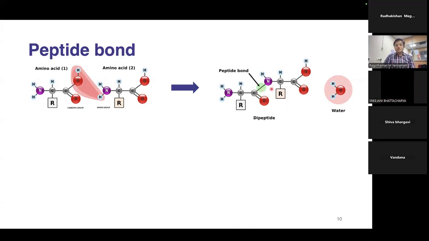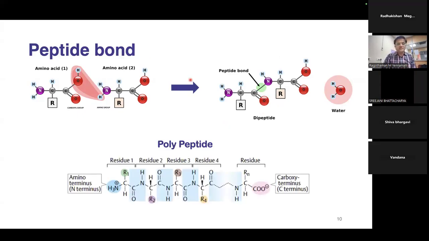This peptide bond is made up of four atoms: O, C, N, and H. These four atoms are planar in structure, and this planarity of the peptide bond determines what type of protein secondary structure these two amino acids can take part in.